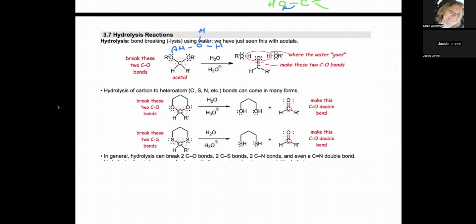No. So what happens is you do this first, and then you put the electrons on the oxygen. Okay, yeah. But regardless, the electrons are no longer on the carbon.